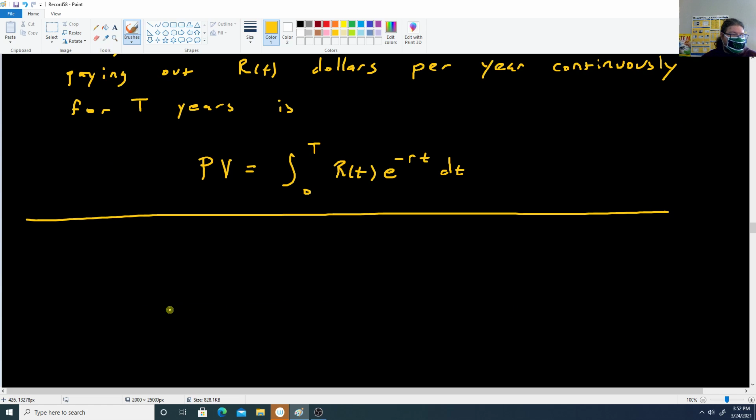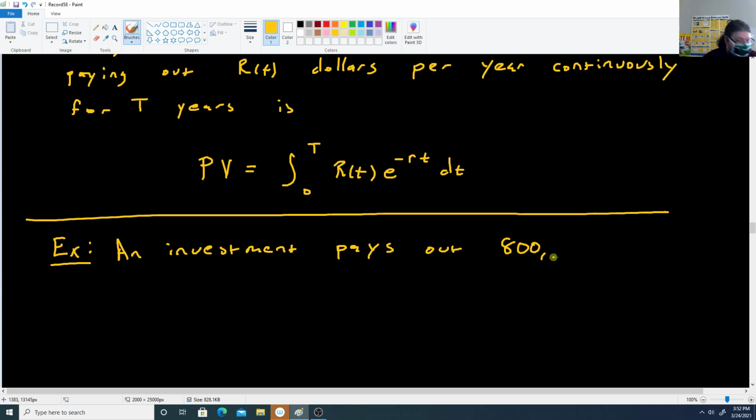So our last example from the section is going to be based off of this. It says we have an investment that pays out 800,000 pesos per year continuously for 5 years.